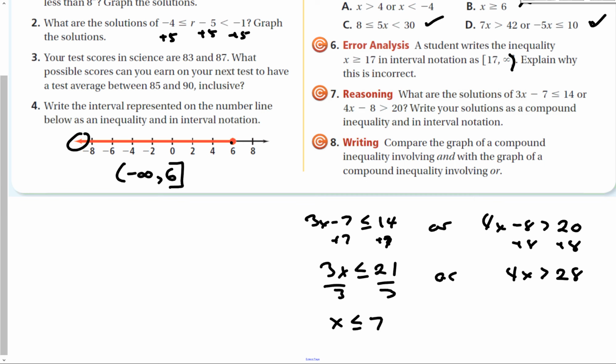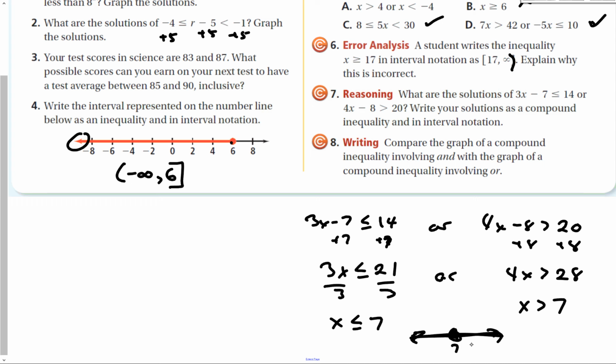Yes, so 28, and x is greater than 7. If you need only one or the other to be true, look at a number line. Here is 7. x is less than or equal to 7, so that's a solid dot going this way, and then an open circle going the other way, but the open circle and the solid dot are the same thing.